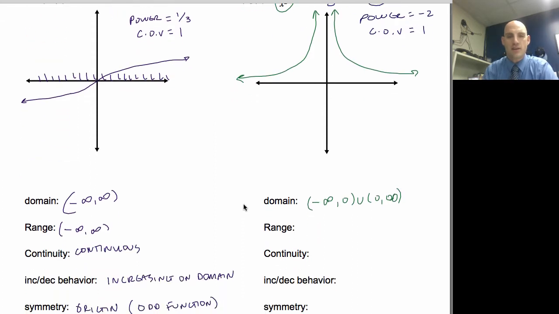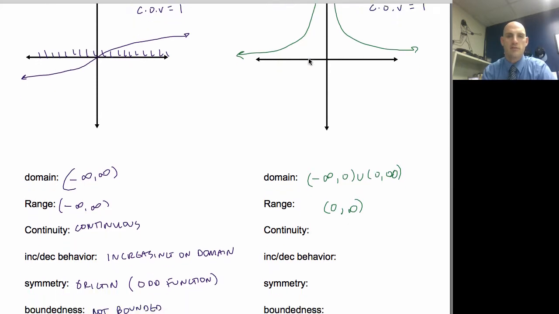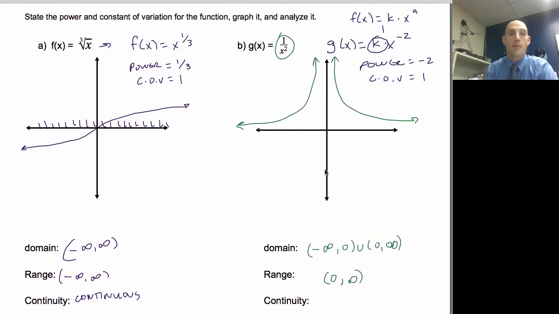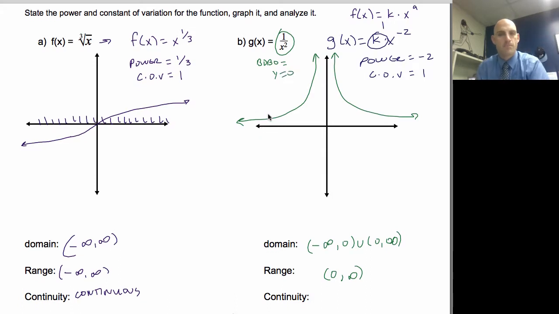And so my range is all the way up to infinity, but it stops at 0, but 0 is not included because there's this asymptote right here. Okay? How would I know that? Well, horizontal asymptote, Bobo, Betsy, Botu, right? Bigger on bottom. So y equals 0 is an asymptote.